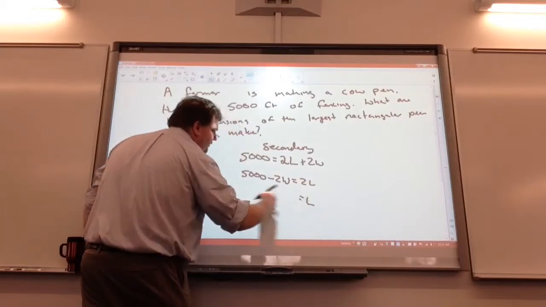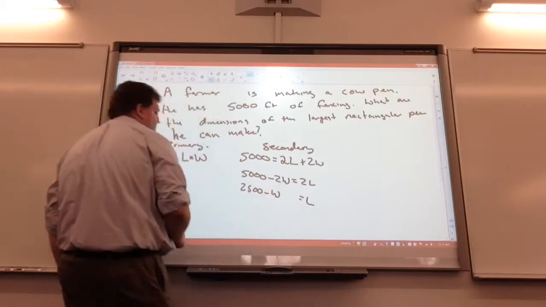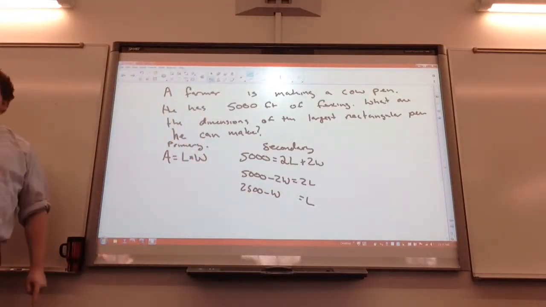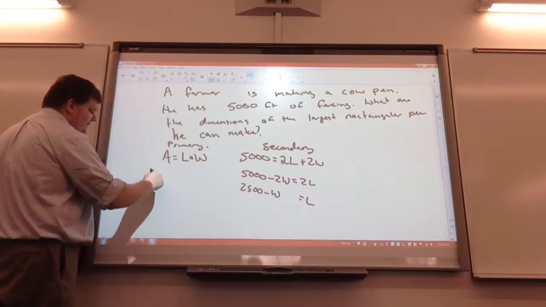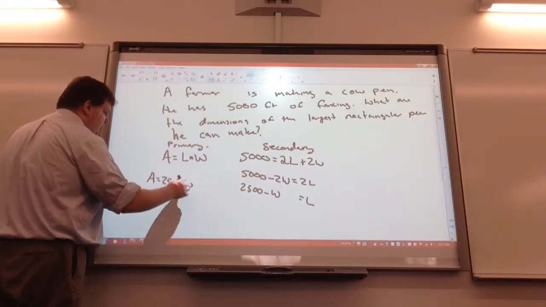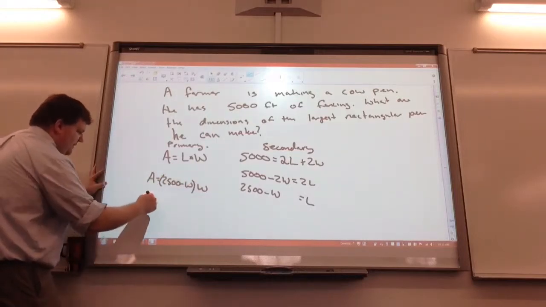So what's L equal to? 2,500 minus W. There we have it. So now in my primary, I'm going to replace L with 2,500 minus W. So my area is 2,500 minus W times W, which, what do we get when we work that out?